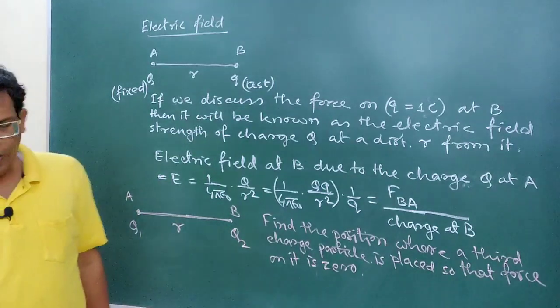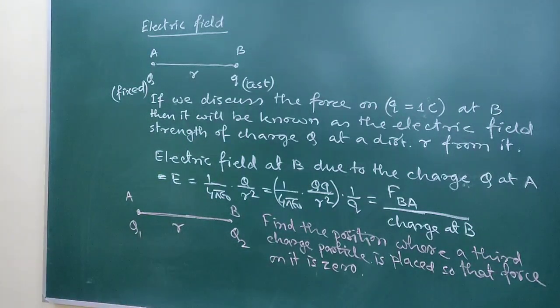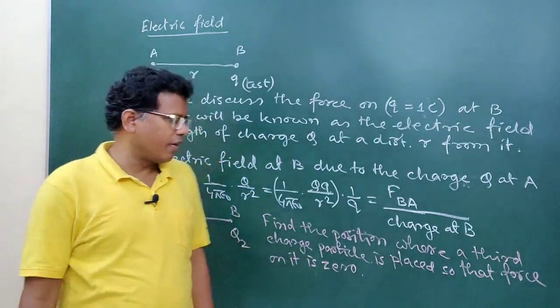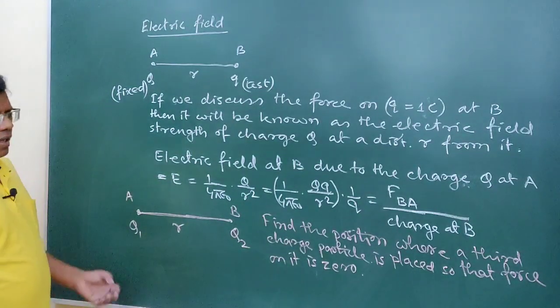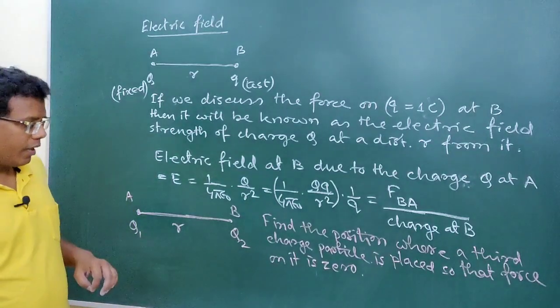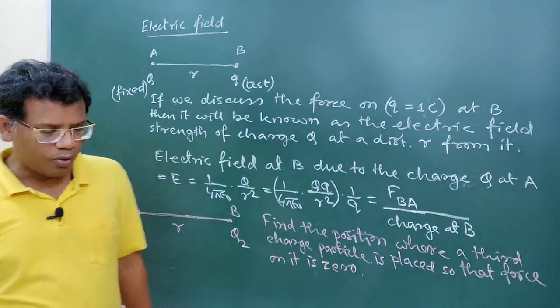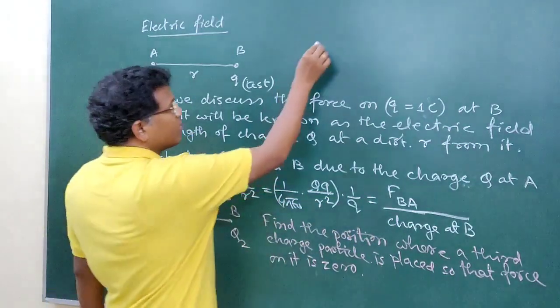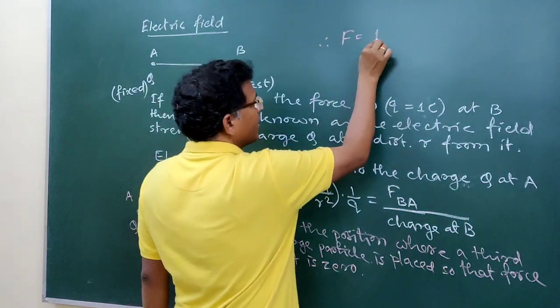If we can find the zero electric field position due to these two given charges, then only can we allow a third charge particle to be placed at that point so that it experiences zero force, because we know from this relation that if electric field is force by test charge, then force can be written as Q into E.